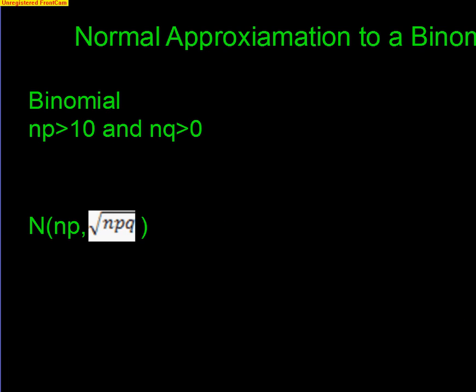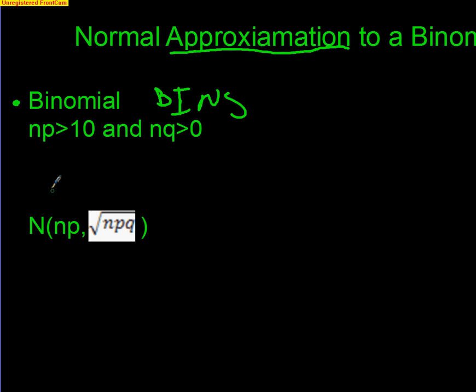Sometimes binomials get really big, so we want a normal approximation to a binomial. Notice the word approximation. It's not exact, but it works pretty well. And there are 2 conditions. First of all, it has to be a binomial condition. This is BINS, so we have to verify each letter in BINS.